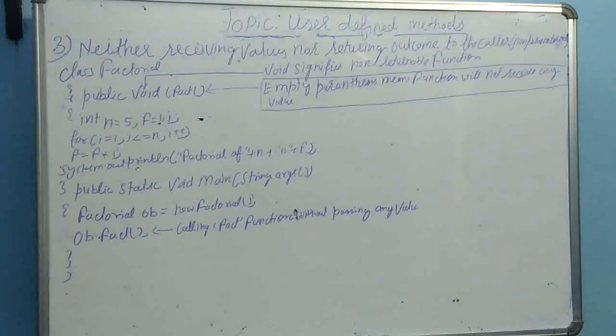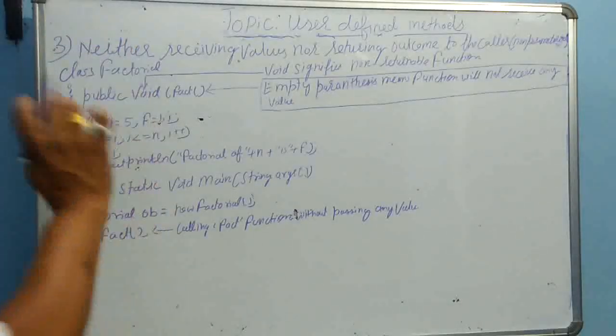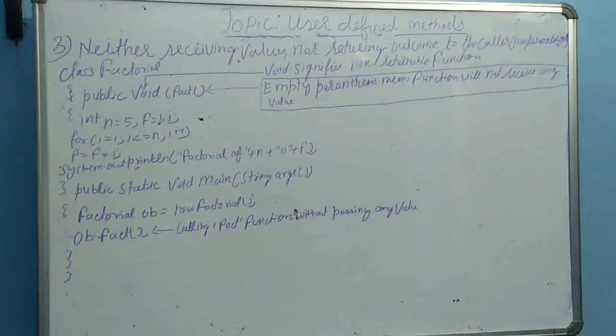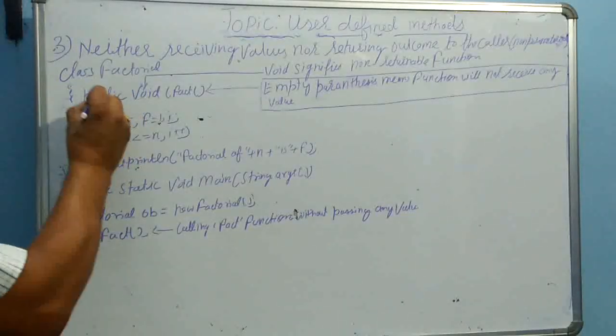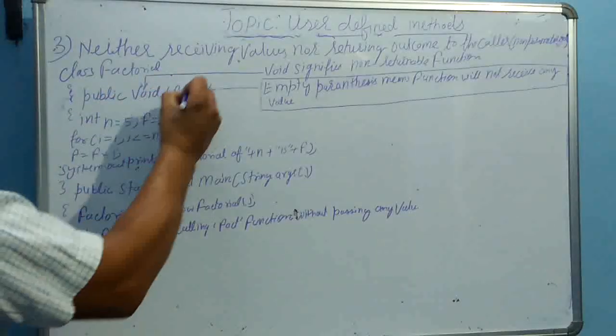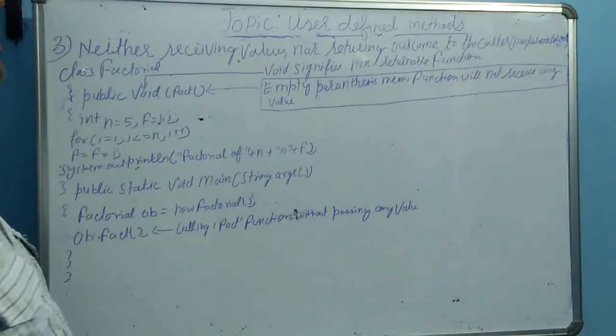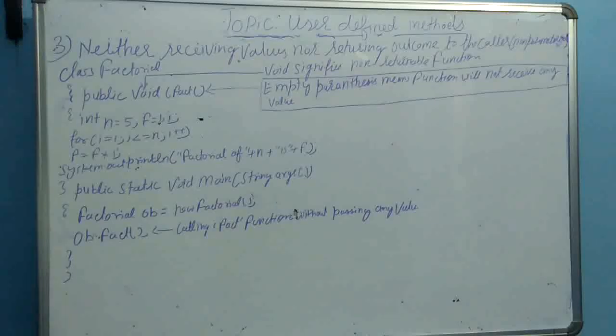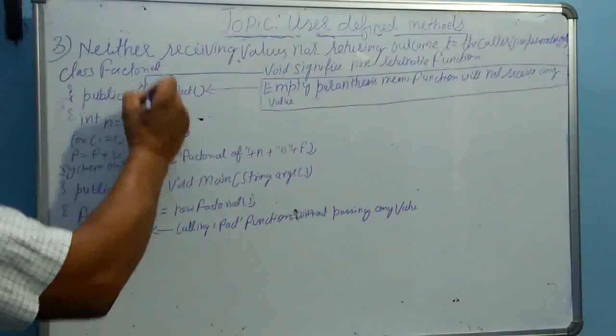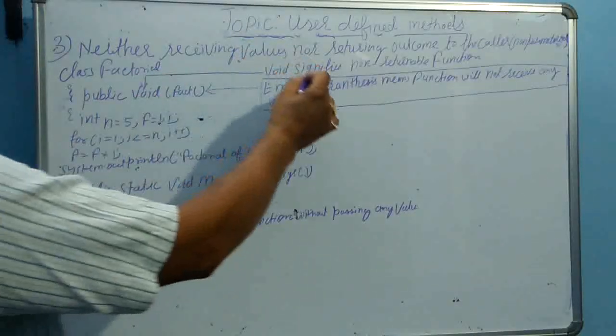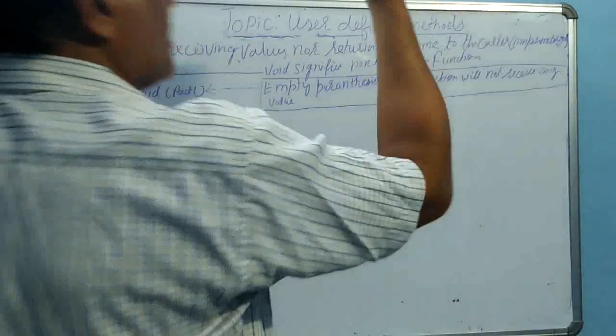So first of all, you are seeing the same program for the factorial numbers, but we have defined here public void fact with parentheses. This is a function. So what is the role of this void? Void signifies a non-returnable function.